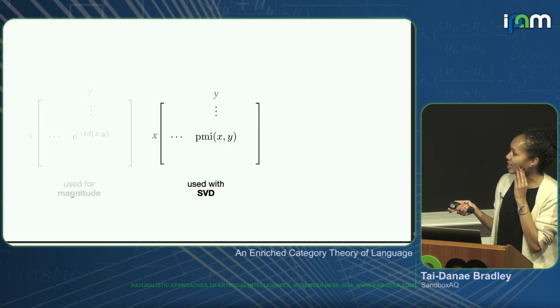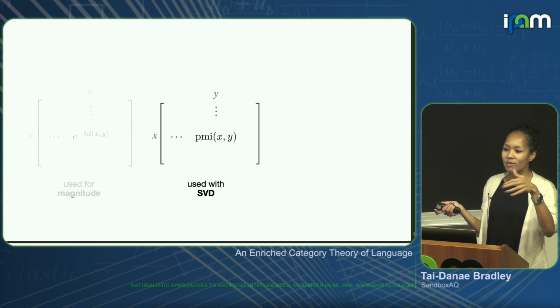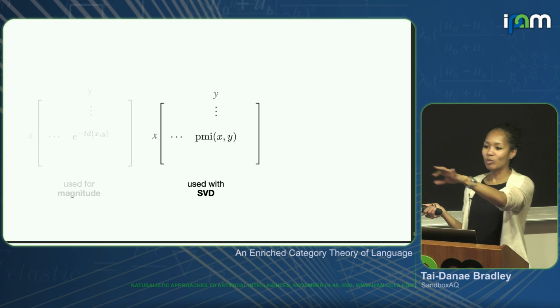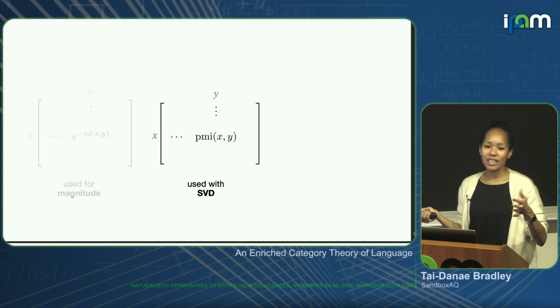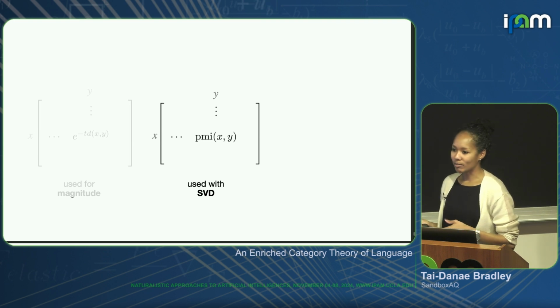Instead of indexing by strings, you may be interested in words from a corpus of text, and you have a matrix indexed by different words. You can maybe consider entries that are like pointwise mutual information or something that tells you about how the words are used. And you can compute an SVD and get something like word embeddings.